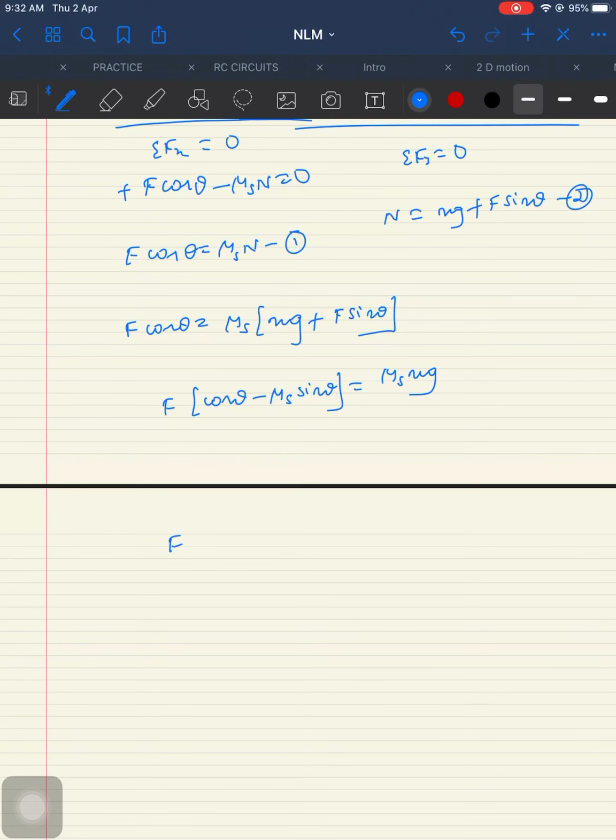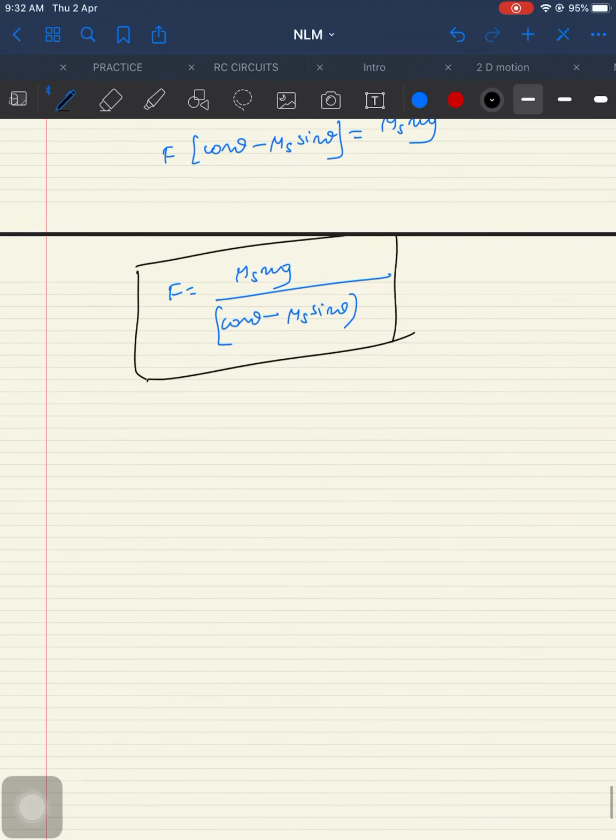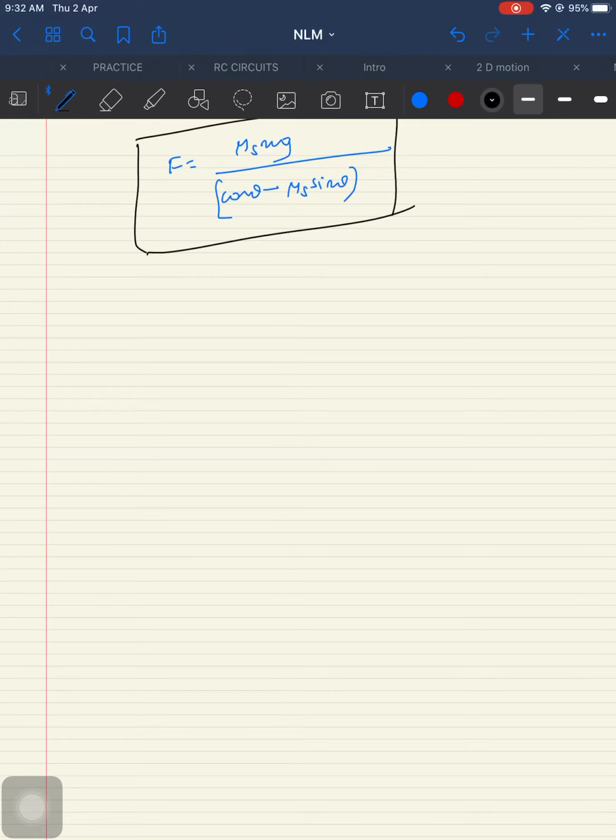Finally F is equal to mu s mg over (cos theta minus mu s sin theta). This is one of the simplest examples. Hope you understood this part. Next we are going to multiple blocks. Next example.